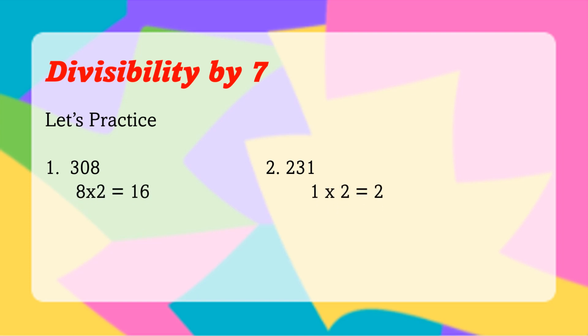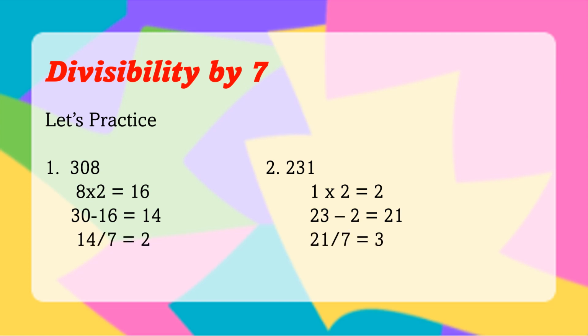All we have to do is double the last digit, which is 8, by 2. So 8 times 2 is 16. Next step is we're going to subtract it from the remaining digits, which is 30. So 30 minus 16 will give you 14. Is 14 divisible by 7? Yes, we can divide 14 by 7 and that will give you 2.